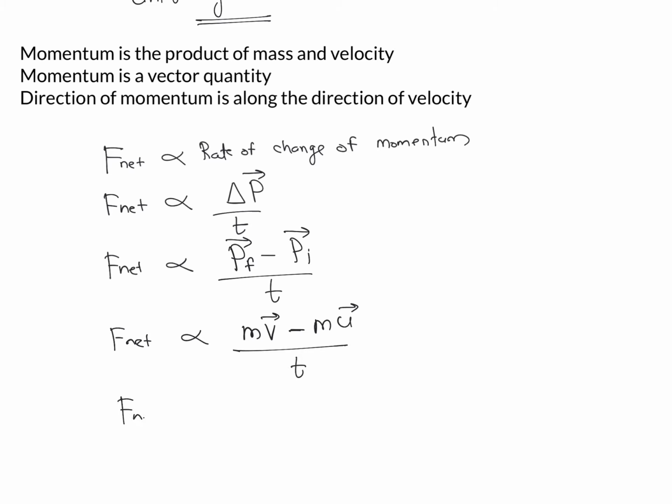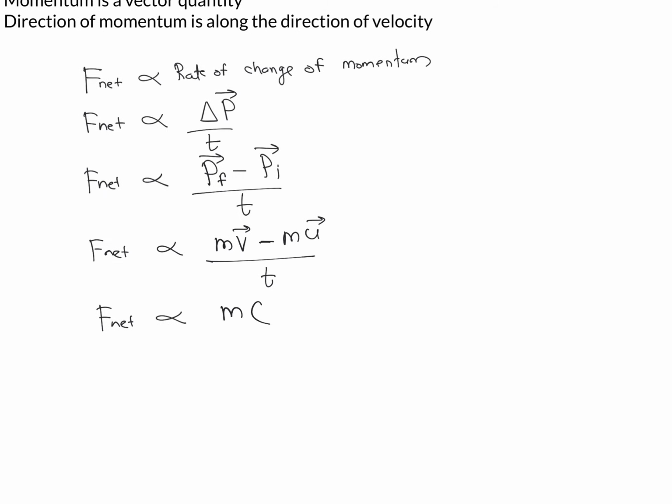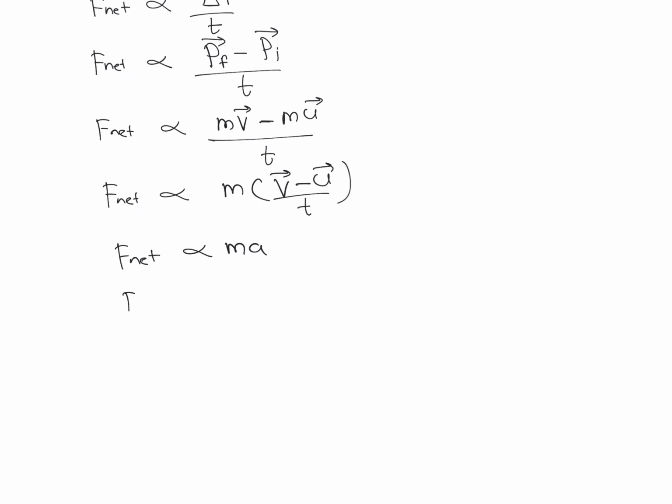Taking mass as common, it is v minus u divided by t, and v minus u by t is nothing but the acceleration. So net external force is directly proportional to mass into acceleration, and we can write net external force equals a constant into mass into acceleration.